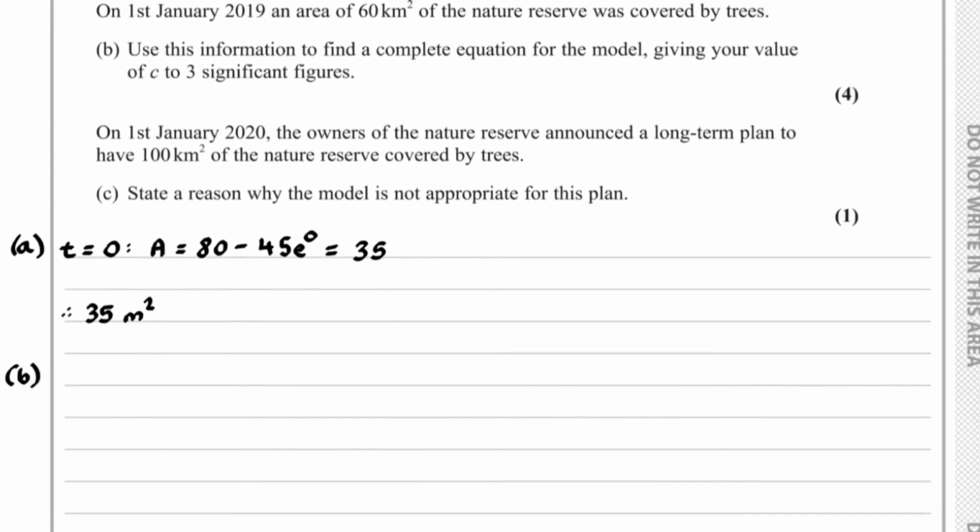The reason t is equal to 14 is that from 2005 to 2019 is 14 years.